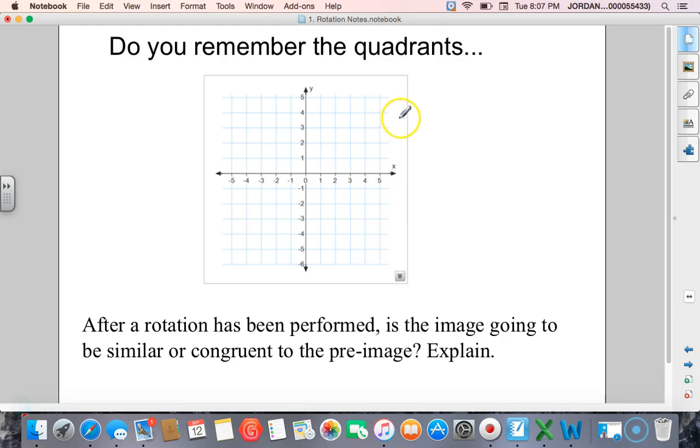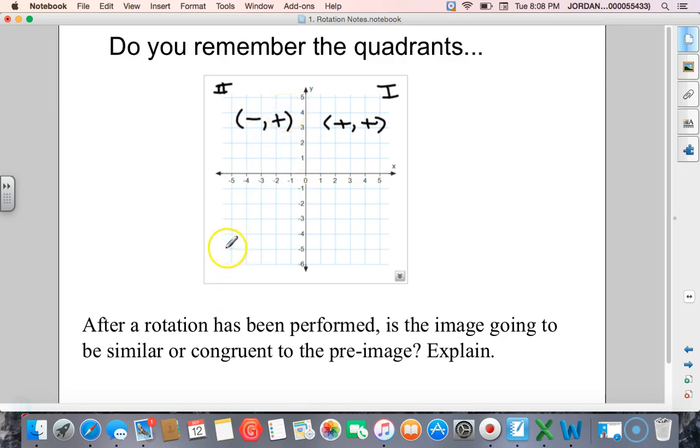Let's review the quadrants on a coordinate plane. In the first quadrant, the x's are positive and the y's are also positive. In the second quadrant, the x's are negative and the y's are still positive.